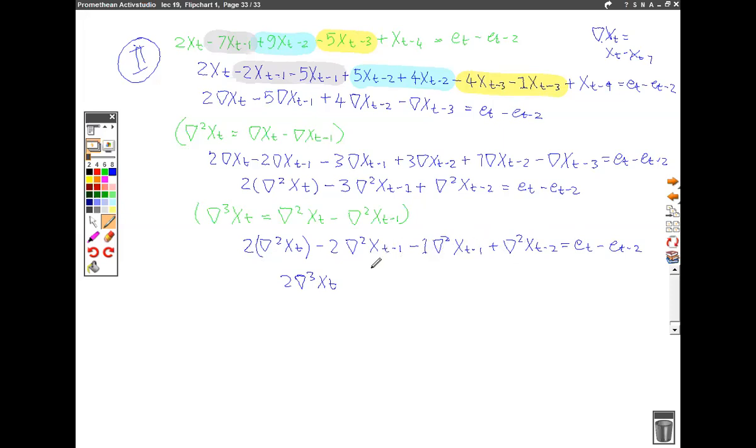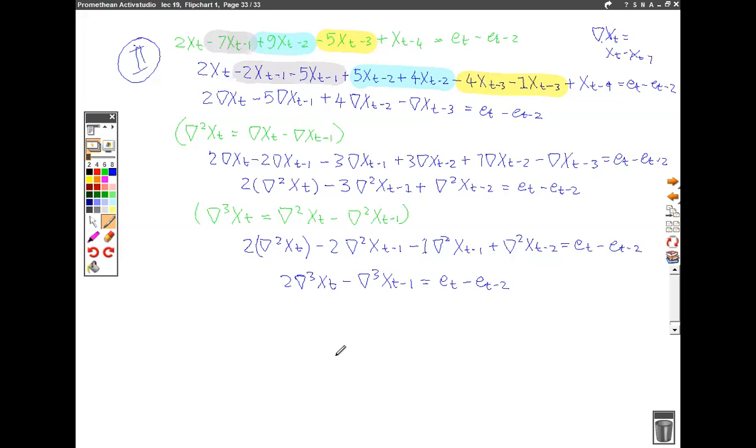And now I'm left with this, which will just be minus of nabla cube xt minus 1, and that is equal to et minus 2, right?